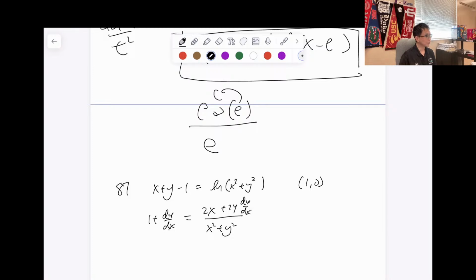I forgot the 1 at the beginning, from the derivative of x. Keep going. Okay, derivative of x is 1. Genius.